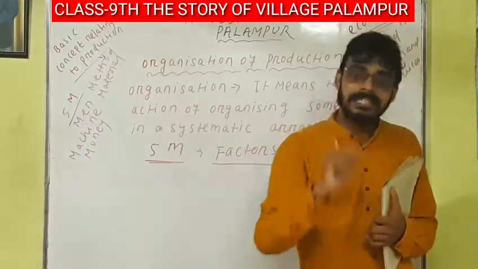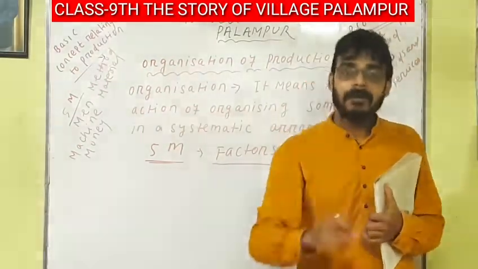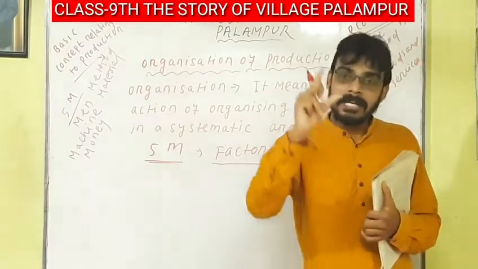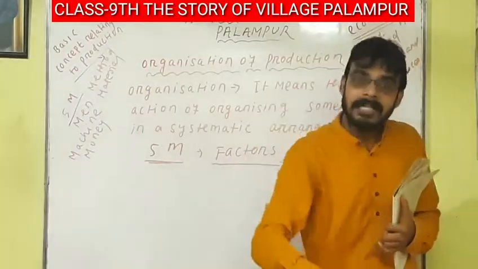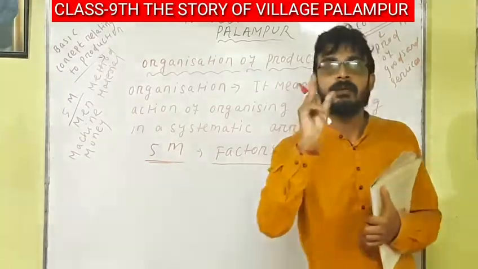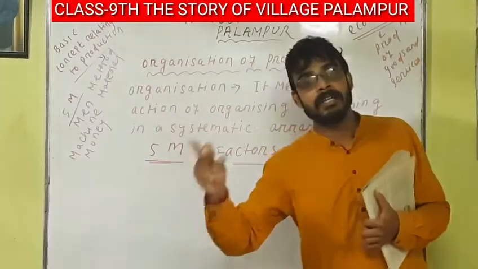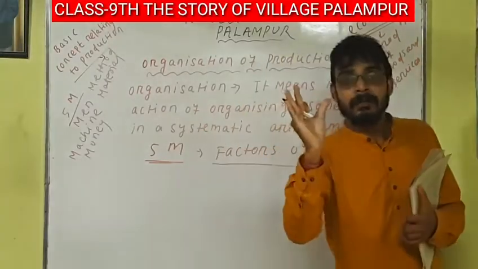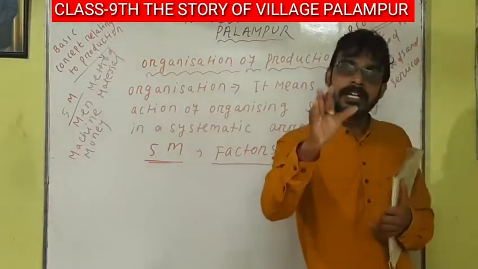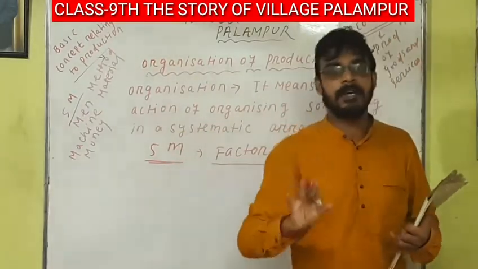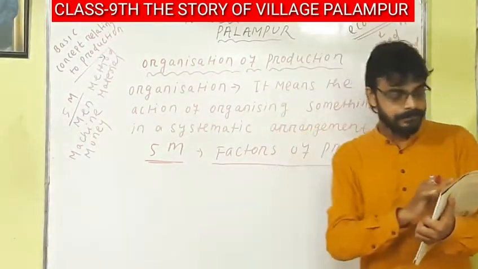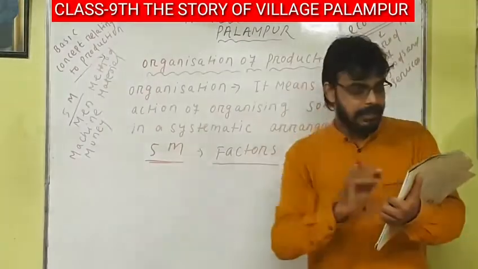We need machine, we need manpower, we need land. That means all these requirements are necessary to produce a good. To make it a final product, we follow various processes. We need these factors to produce a final product. So the first requirement is land.